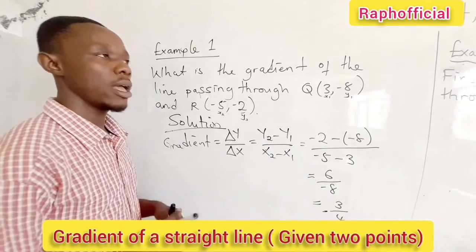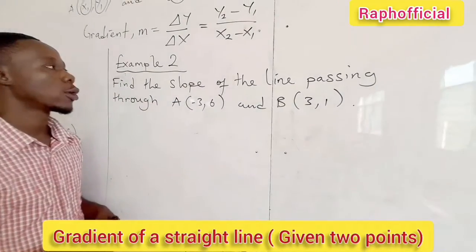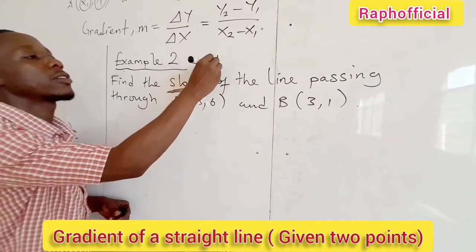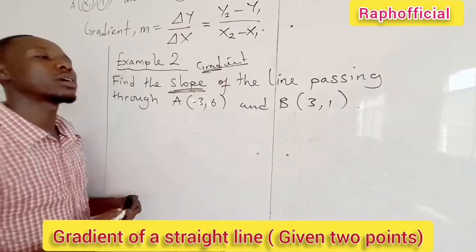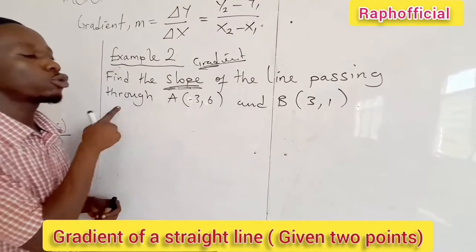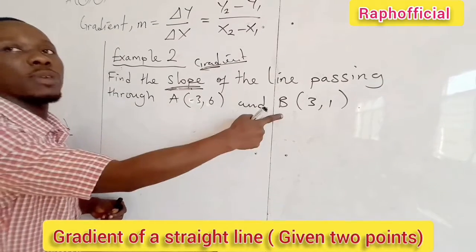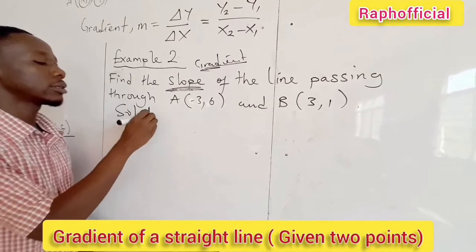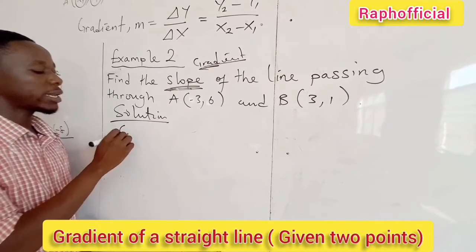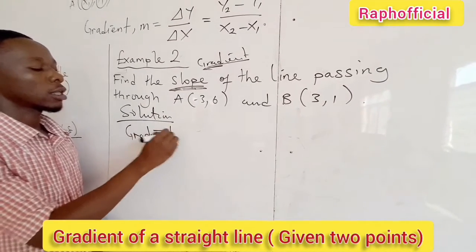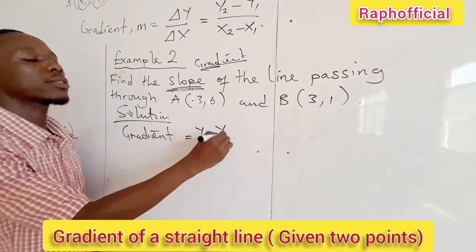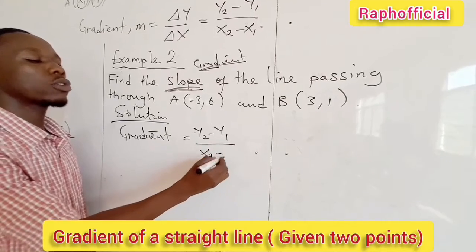Now let's look at example 2. He says that we should find the slope. The slope here is the same as the gradient. So sometimes it will tell you to find the slope or the gradient of the line passing through point A and point B. And we know that our solution, the gradient, will be equal to y2 minus y1, then x2 minus x1.